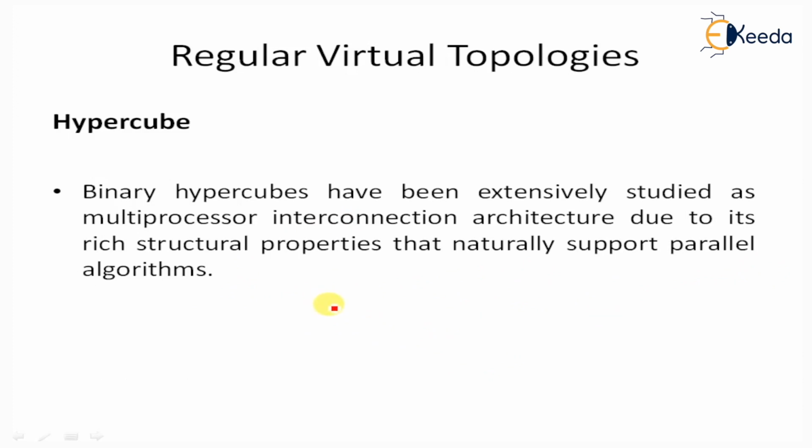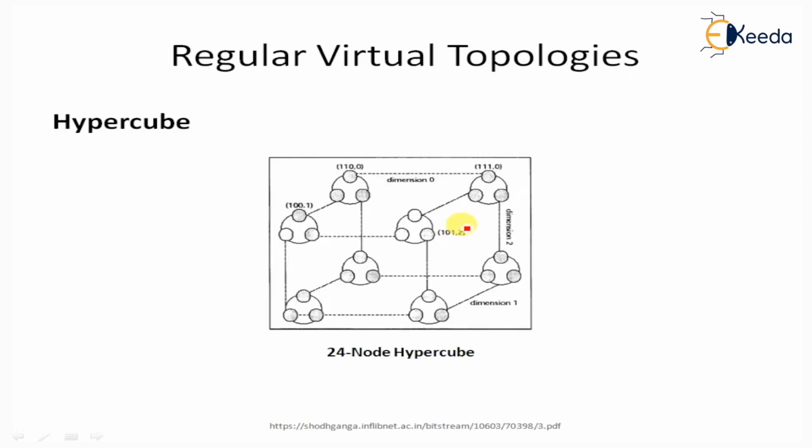So next is the hypercube. The binary hypercubes have been extensively studied in multiprocessor interconnection architectures, due to their rich structural properties that naturally support parallel algorithms. First, this is the diagram of the 24 node hypercube.